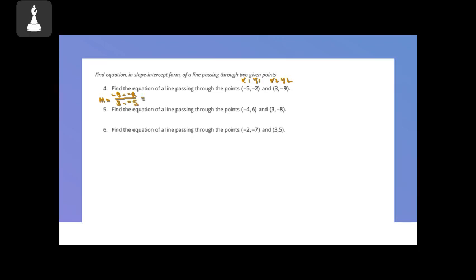So -9, that's going to end up being plus 2 is -7. 3 minus -5 is going to give me plus 5 or 8. So here's my slope, -7/8. I am then going to go to my point slope form. y minus y1, which is -2, equals my slope, -7/8 x minus -5.